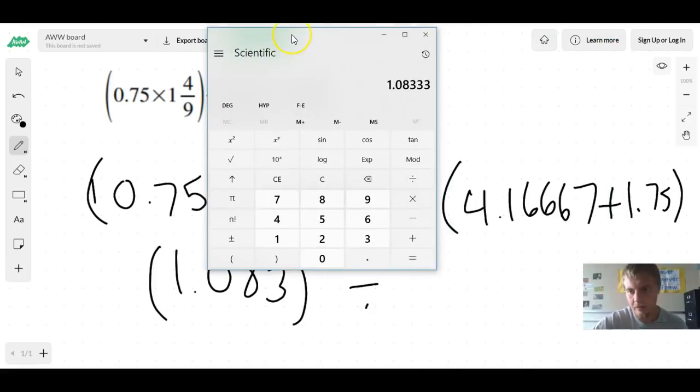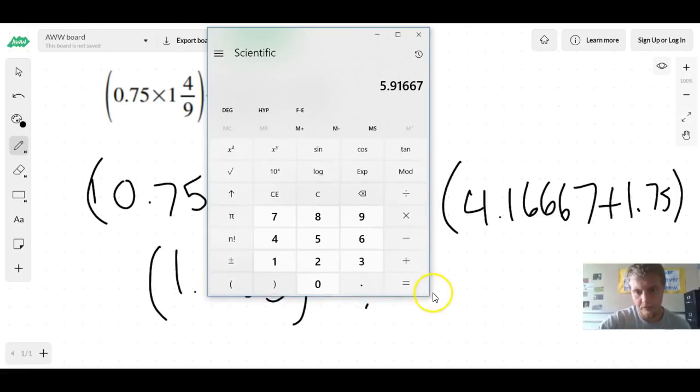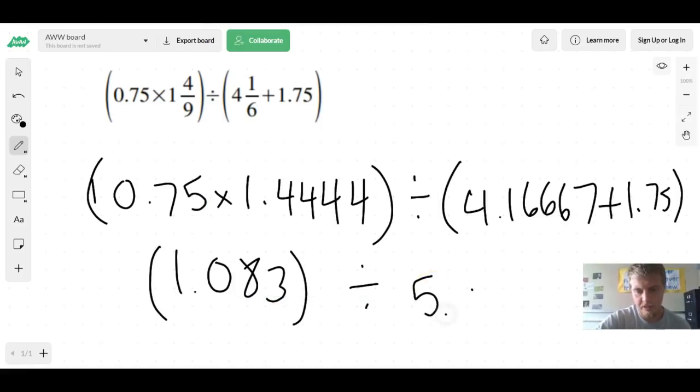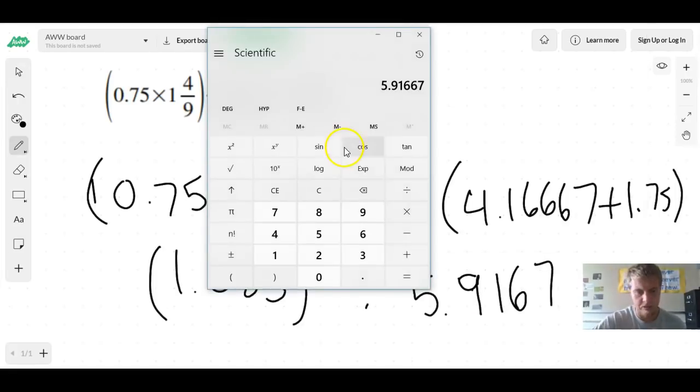So that would be 0.16667 plus 1.75, which would give me 1.91667. And then we would just divide these two things.